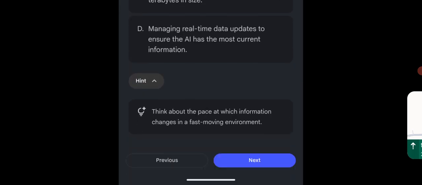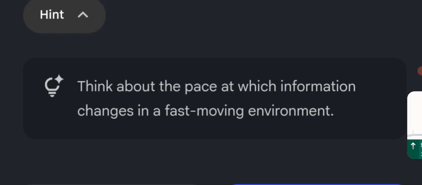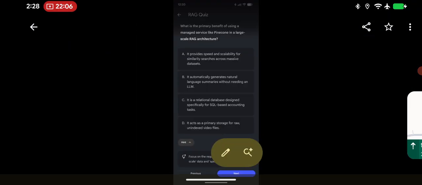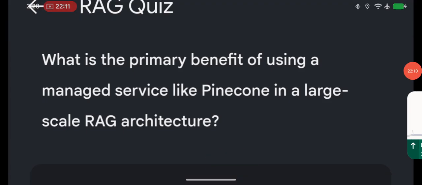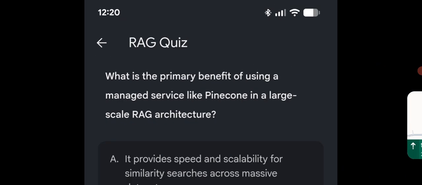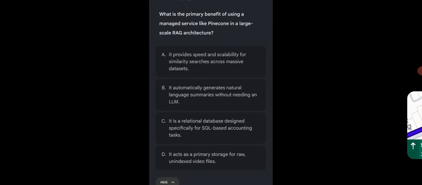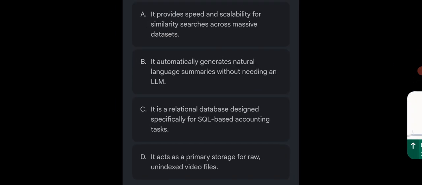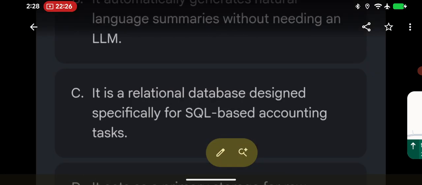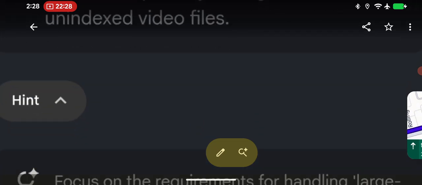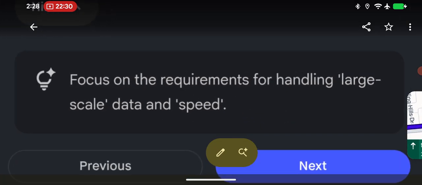Here are the options, and here is the hint. Next question: what is the primary benefit of using a managed service like Pinecone in a large-scale RAG architecture? Here are the options, and here is the hint.